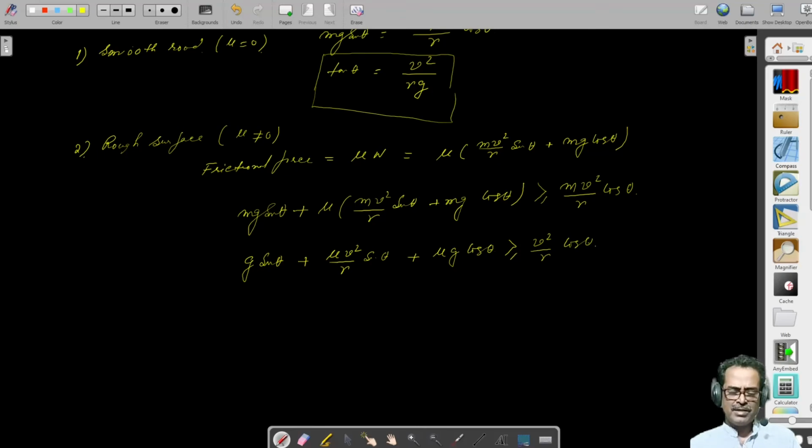We have to find the maximum velocity, so this will be g into (sin theta plus mu cos theta) greater than or equal to v square by r into (cos theta minus mu sin theta).